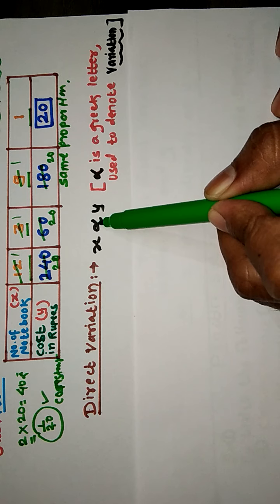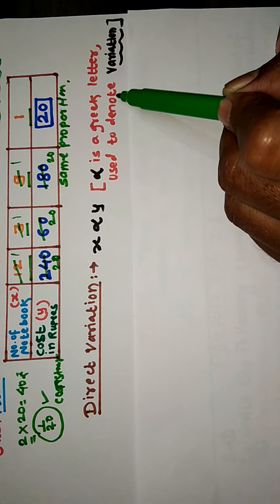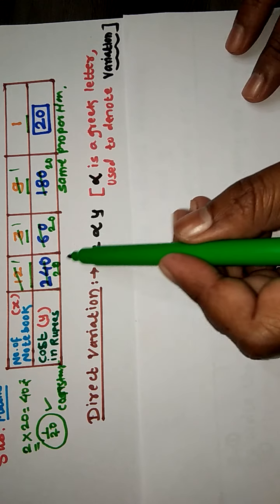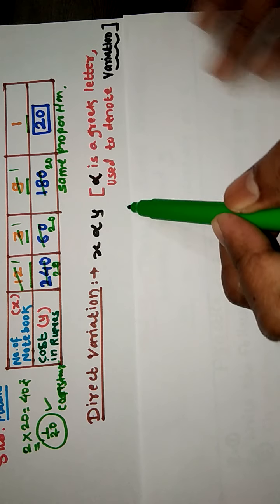This notation, this letter, is called alpha. Alpha is a Greek letter used to denote variation. There is direct variation between x and y.